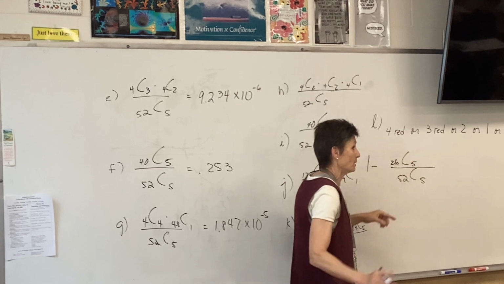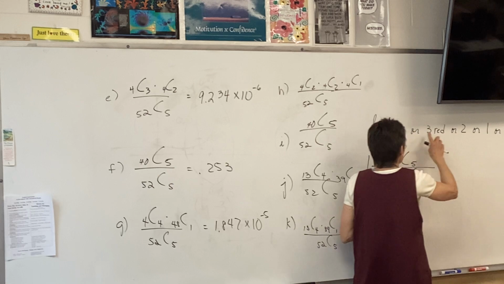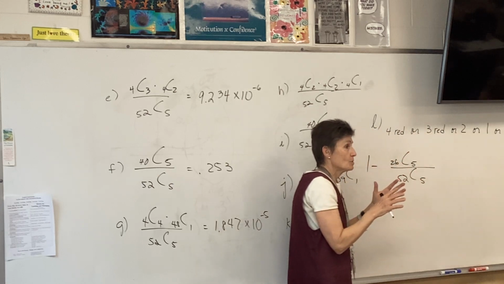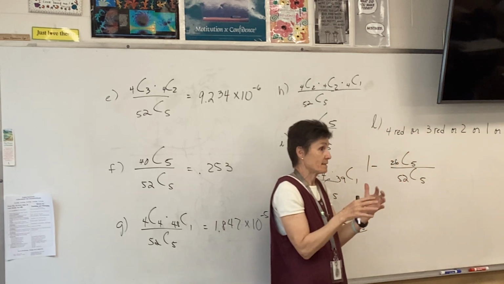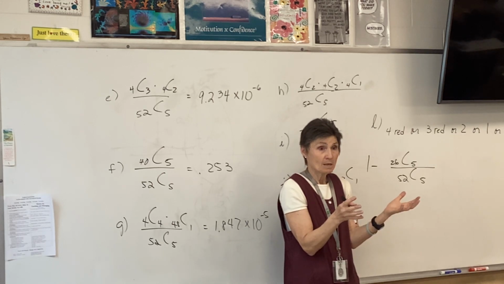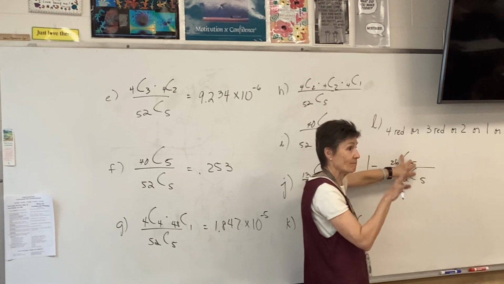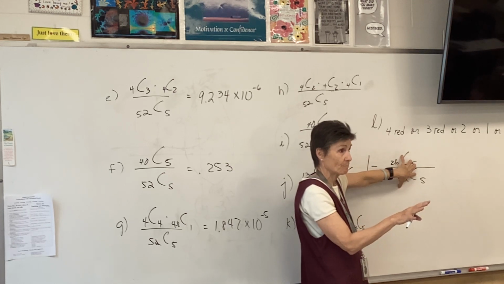In this problem, what I want is 0, 1, 2, 3, or 4 red. So the only thing I don't want is all red. Does that make sense to you? So if I can find this number, this is the probability of all red cards.